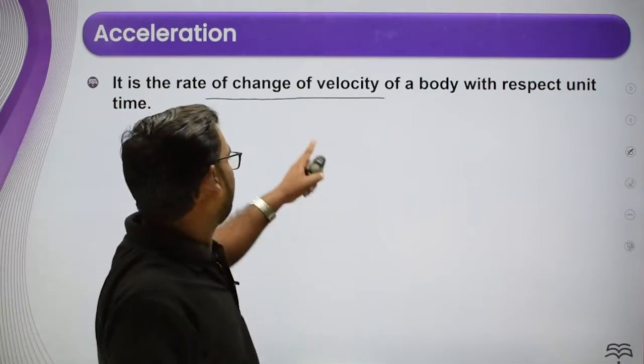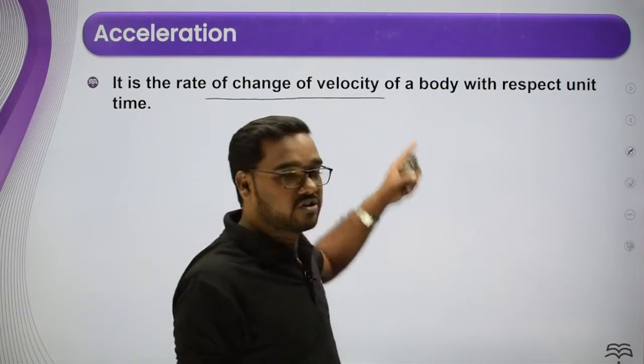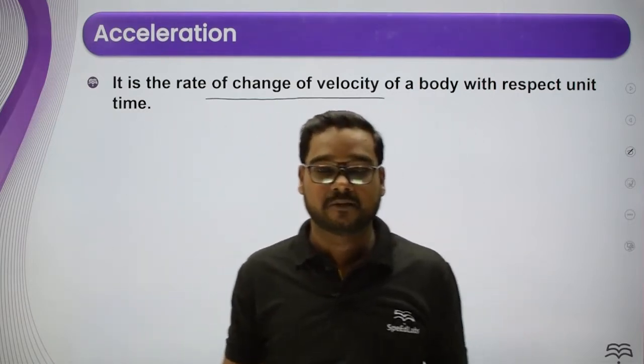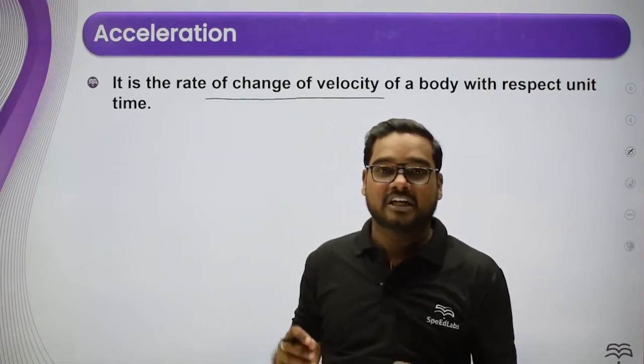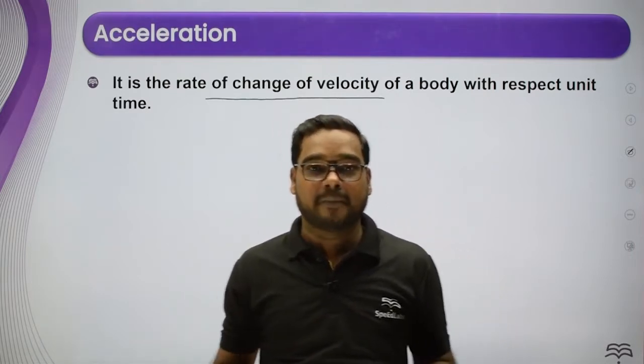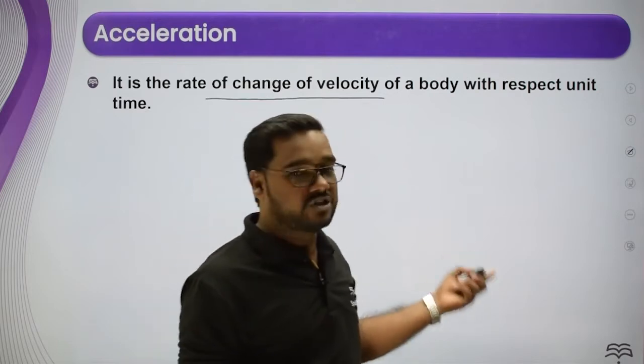Suppose a particle is changing its velocity with respect to time, so you can say that this is acceleration. Suppose a particle has the initial velocity u, and after some time interval t, the particle has the final velocity v.